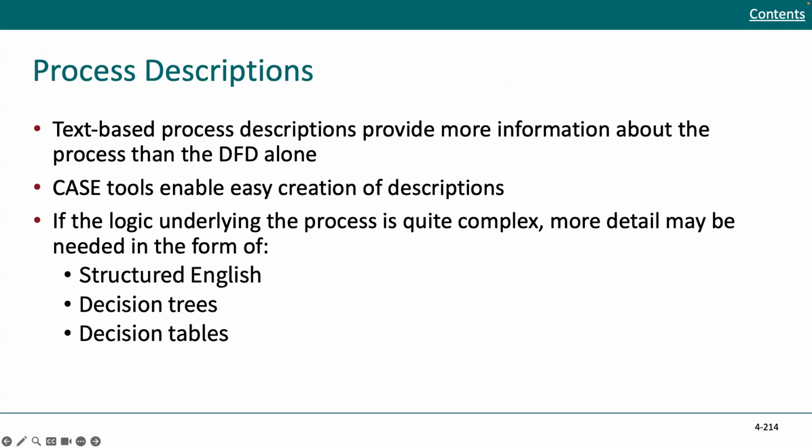In terms of process descriptions, text-based process descriptions provide more information about the process than the DFD alone. CASE tools enable easy creation of descriptions, so that's something that we've talked a little bit about so far. If the logic underlying the process is quite complex, more details may be needed in the form of structured English, decision trees, and decision tables.